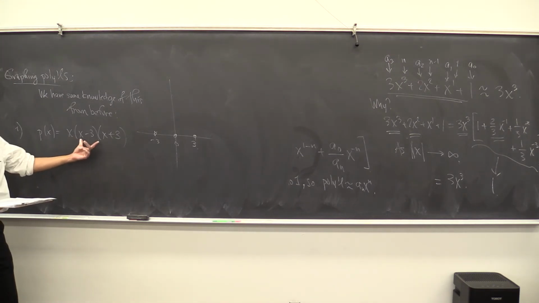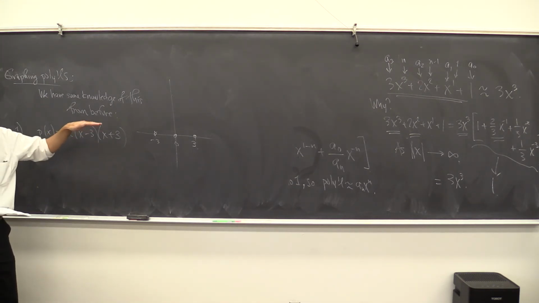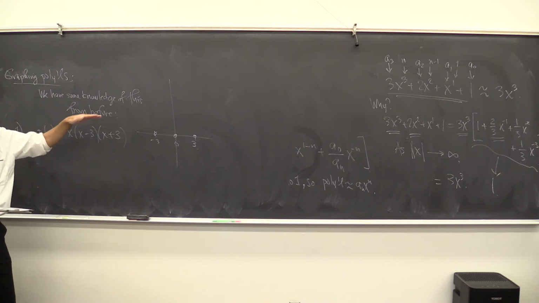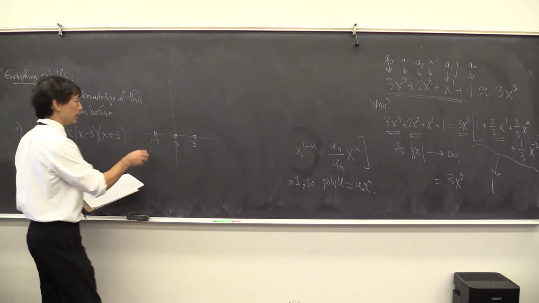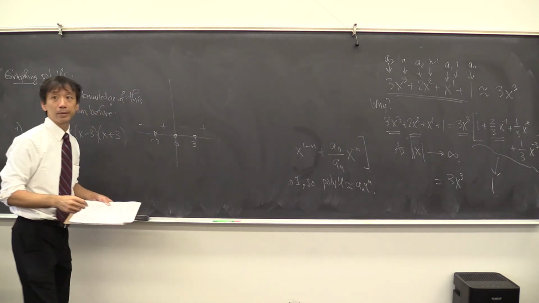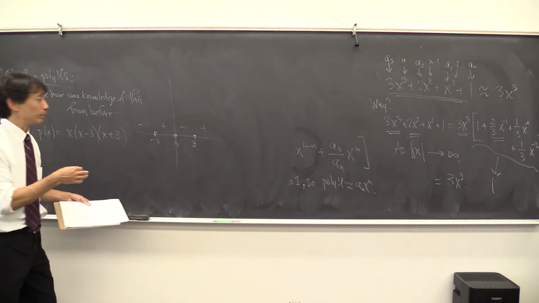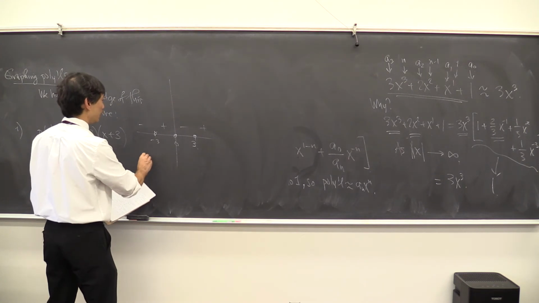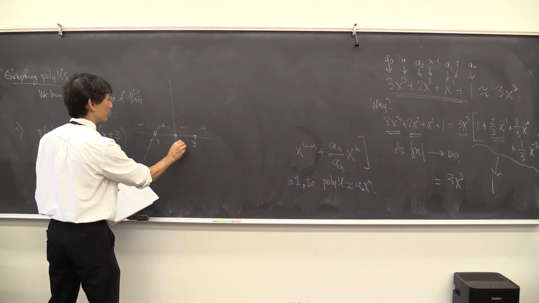And you could plug in intermediate points and tell where it's positive and negative, and that would tell you that it's negative, positive, negative, positive. Okay. So I'm not going to make you do it. So you would know that it goes something like this.